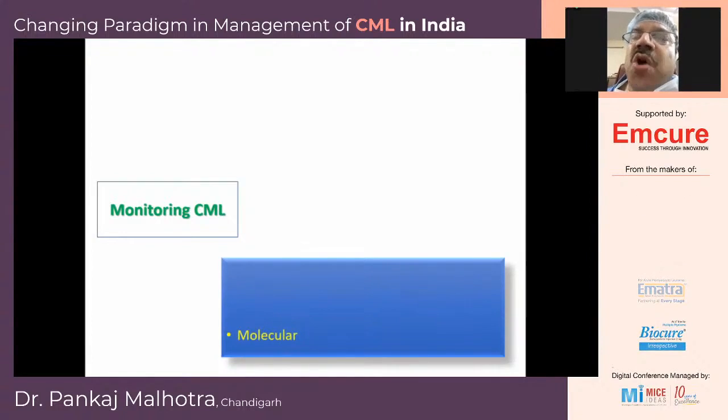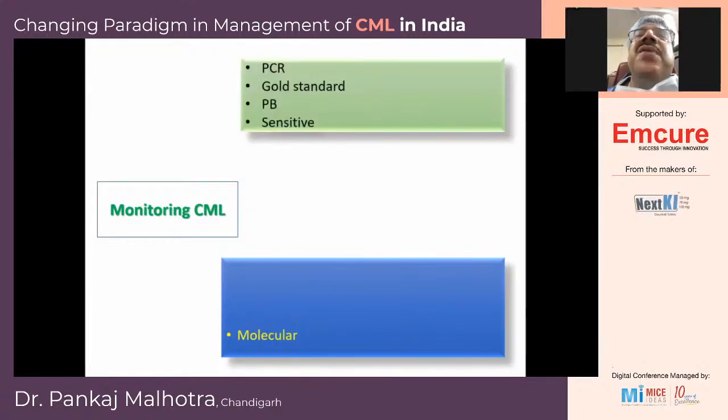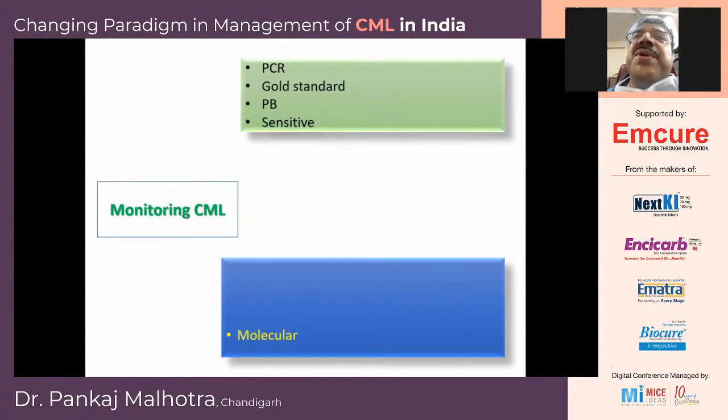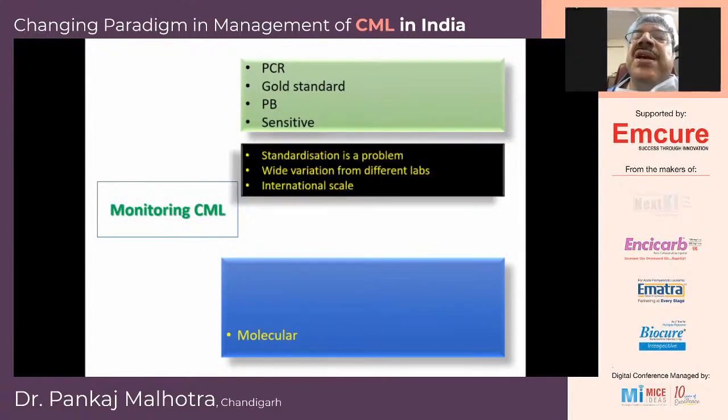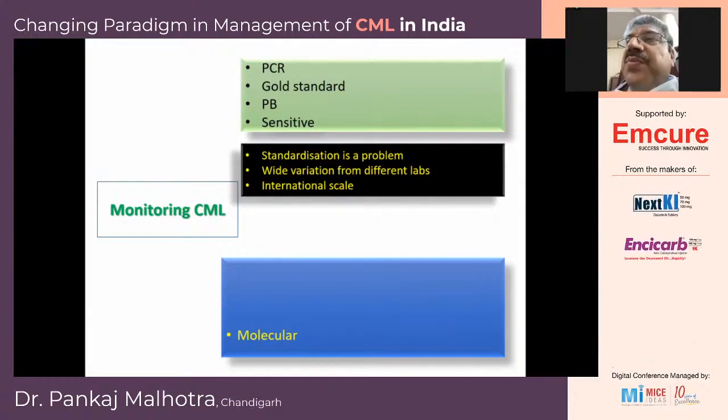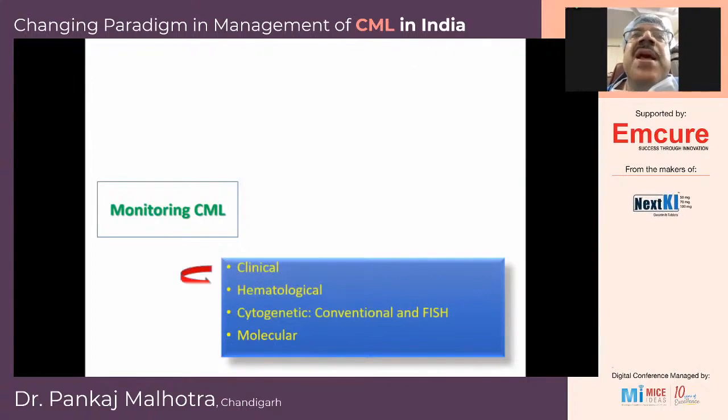Now, the most commonly used is molecular monitoring by PCR, and it is the gold standard. It can be done from the peripheral blood, and it is a very sensitive technique. There was a problem in the standardization, but now, fortunately, most of the labs are well standardized, and they are giving results on the international scale.